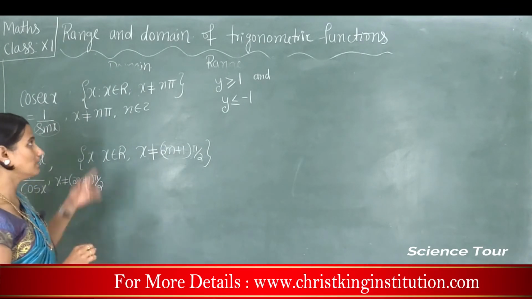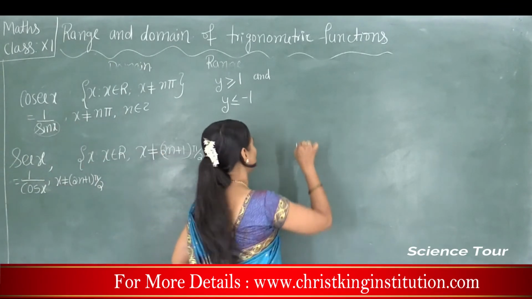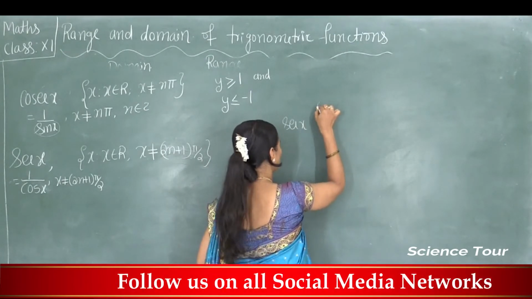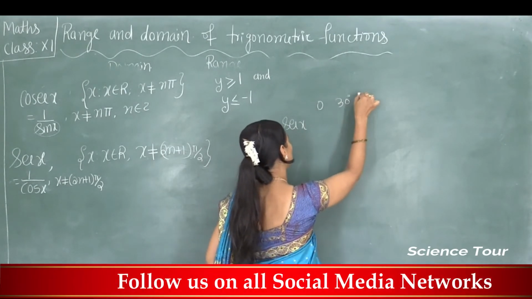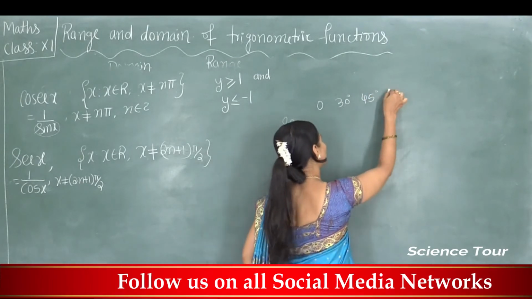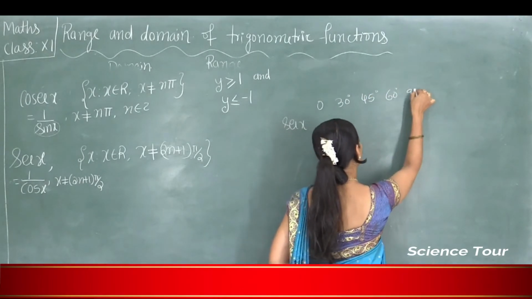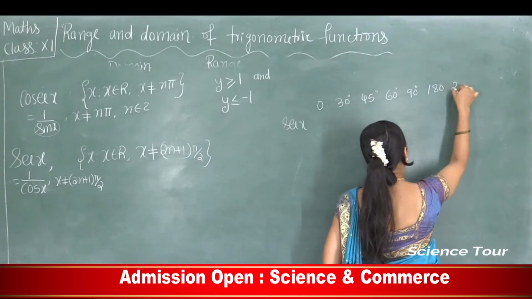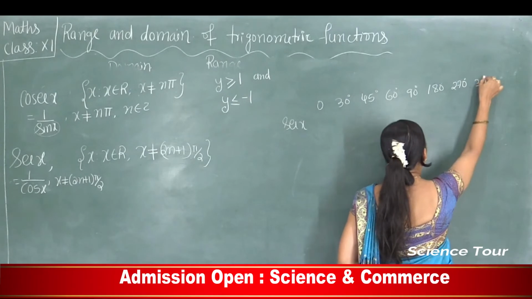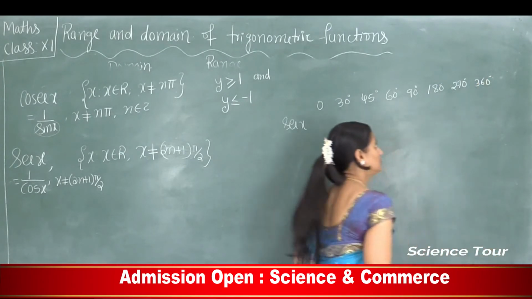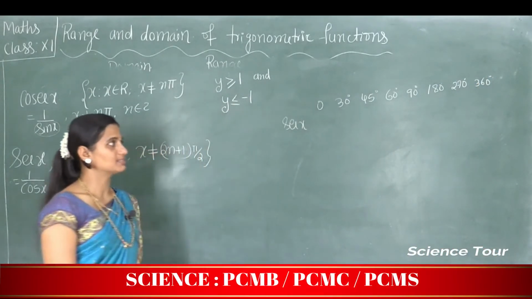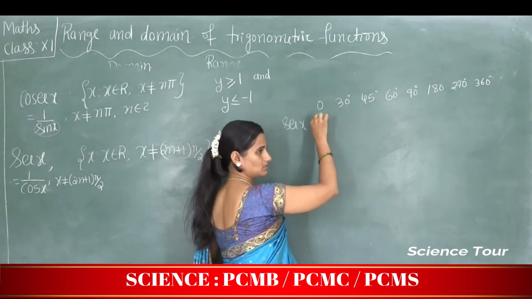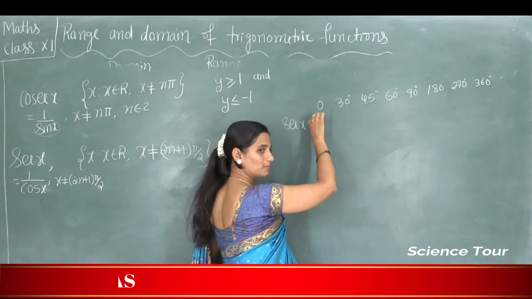Clear? Now the range. Again see the table for secant x. First write the values 0, 30 degree, 45 degree, 60 degree, 90 degree, next 180 degree, 270 and 360 degree. I'll write down the values. Secant 0 is 1 by cos 0.